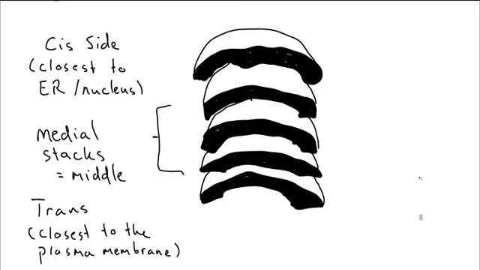Now, the really cool thing is that coming off of these various stacks, you get little things that come off of them. And I'm drawing them not to scale, they're a little big here, but they're little round spheres. It's me trying to represent the little round spheres.